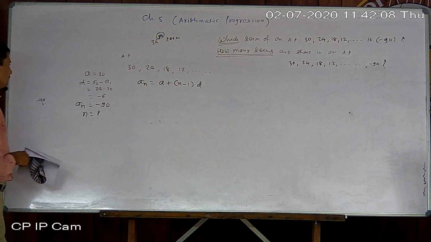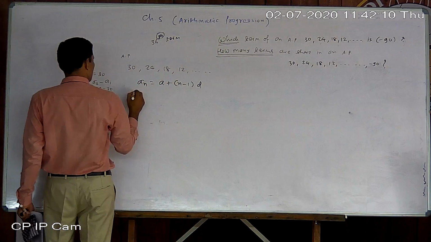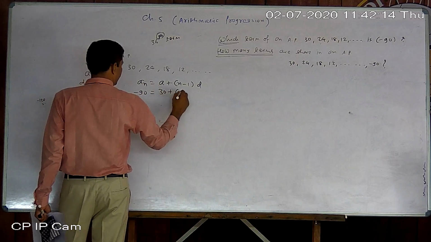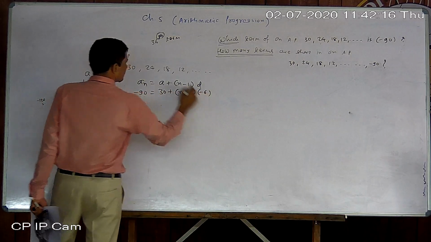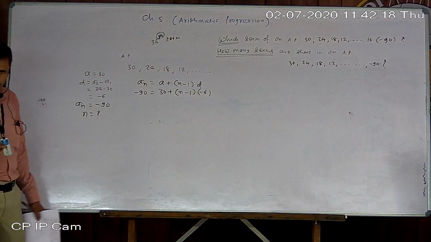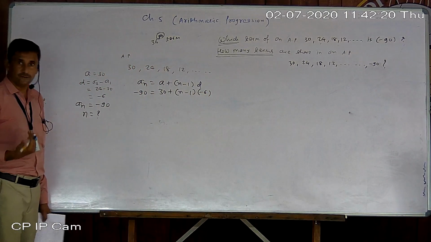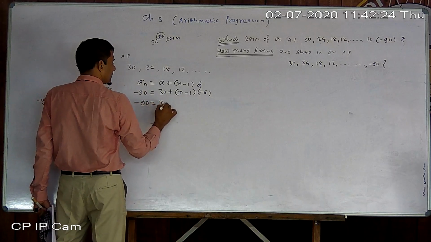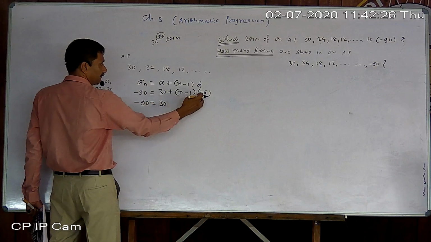Now write down the values. an is minus 90, a is 30, n is not given, d is minus 6. Same series, same AP, but here we go in reverse way. Now minus 90 equal to 30 plus, now be careful here, n minus 1 into minus 6.